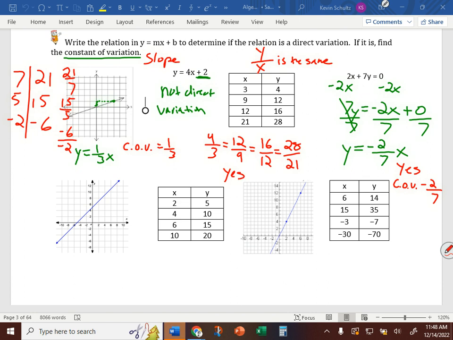And furthermore, what's our constant of variation? Cole? 4 over 3. Y divided by x, the base fraction, all of these fractions in simplest form, simplify to 4 over 3. Right?